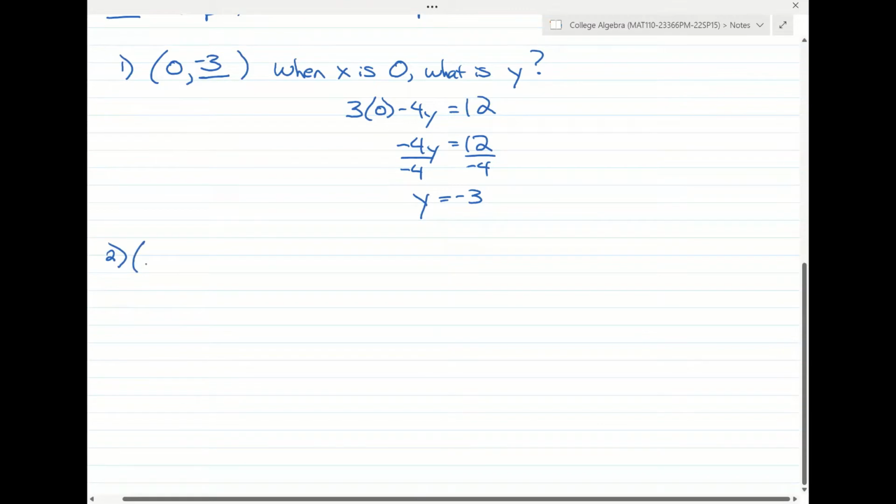We had a blank and then 0. What this is asking you is when y is 0, what is x?